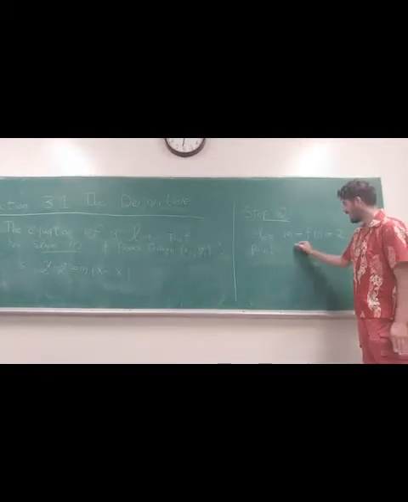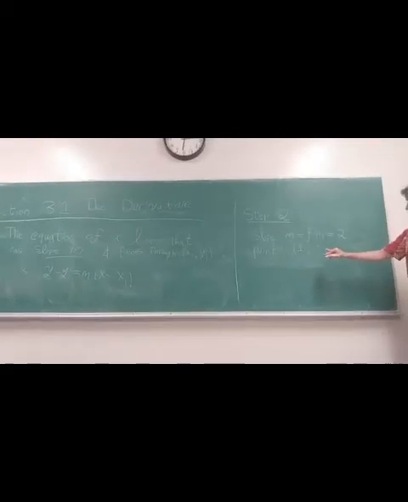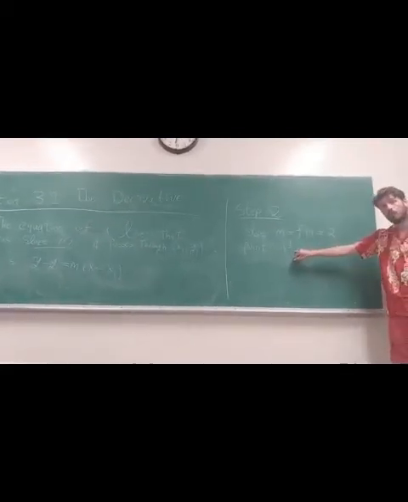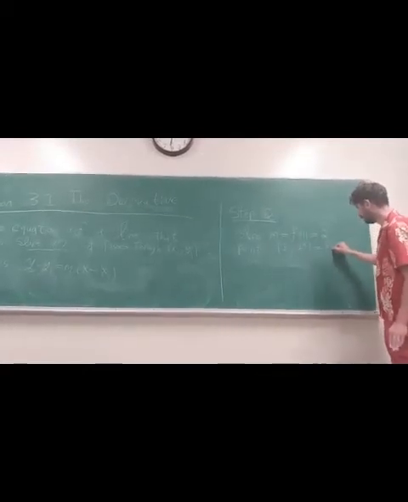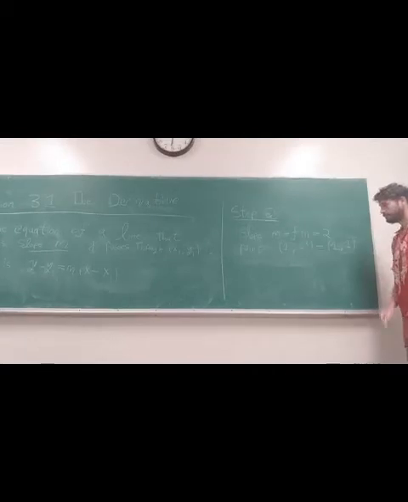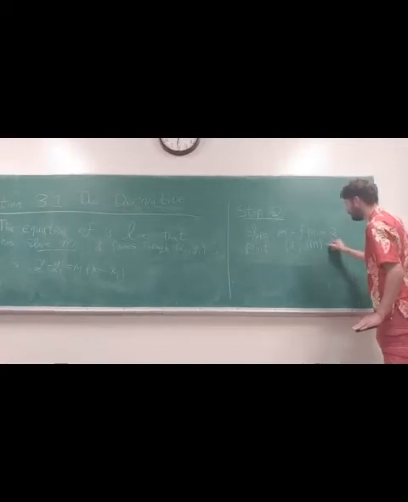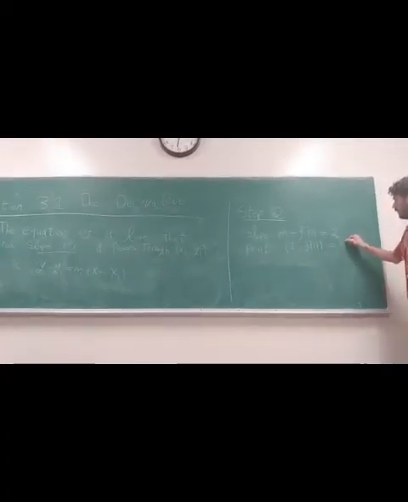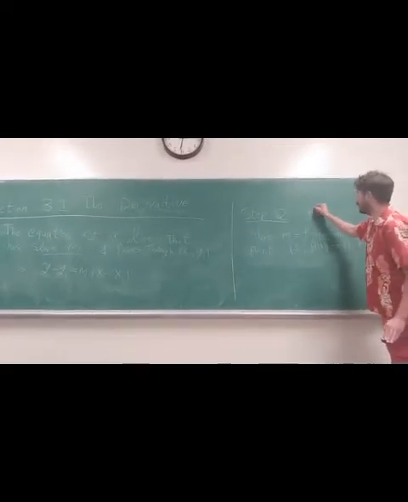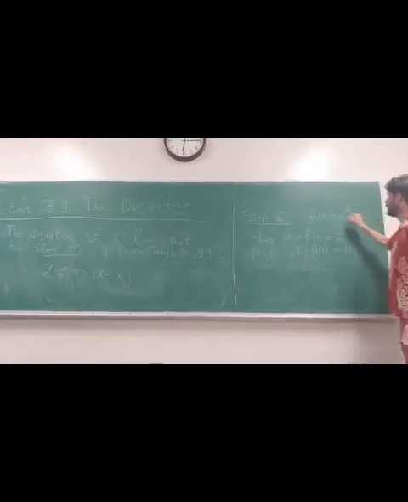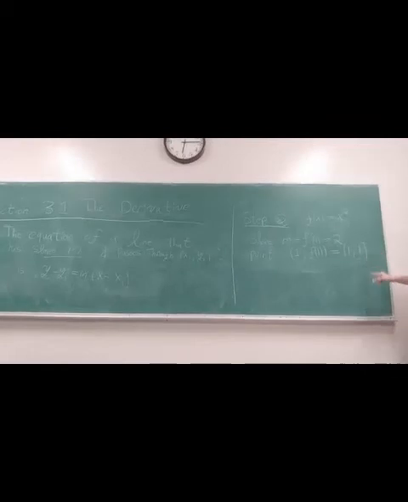It has to touch the curve at the point on the graph where the input value, the x-coordinate, is 1. When the x-coordinate is 1, what is the y-coordinate? That y-coordinate is 1 squared, which is also 1. So this should be, in general, the point (1, f of 1), which is (1, 1), because in this case f of x is x squared. So when x is 1, f of 1 is equal to 1 squared, which is 1.